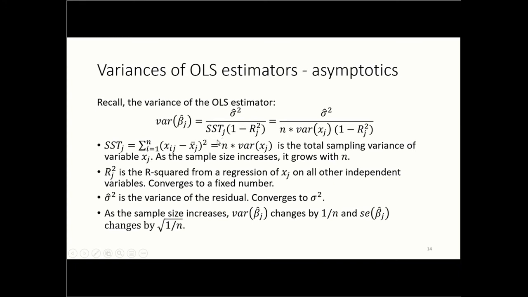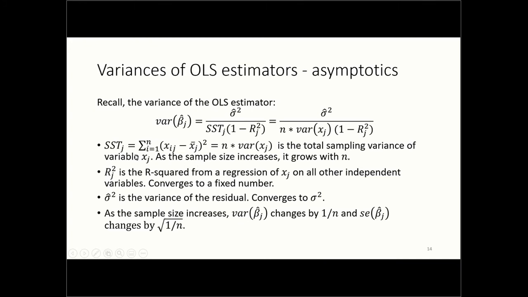Then here we have SSTj, which is the total sampling variation of variable j. And 1 minus r squared j, where r squared j is the r squared of a regression of xj on all of the other independent variables. Because this is the total variation for the x variable, that is the same as n times the variance of xj.